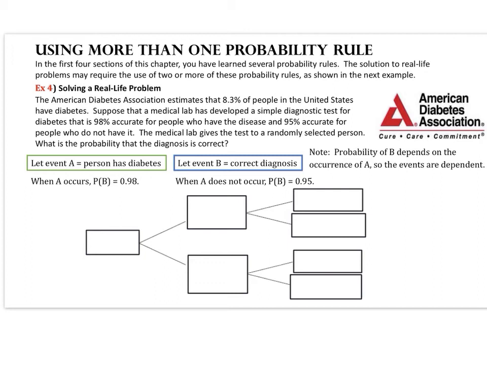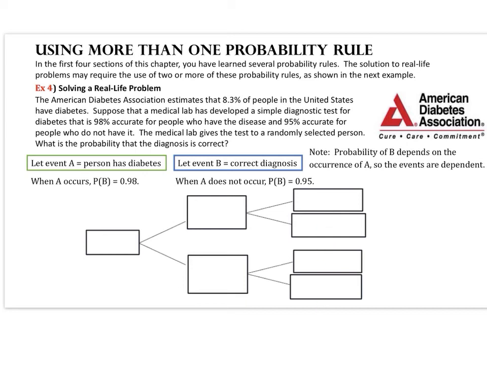All right, next we see that we can use a tree diagram. Probability tree diagrams can help us, where the probabilities are given along the branches. So these are our branches as we move along the tree. They can help us see the different ways to obtain a correct diagnosis, which is ultimately what we're looking for.